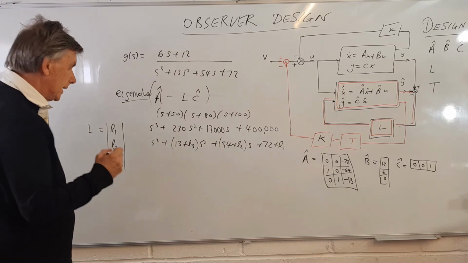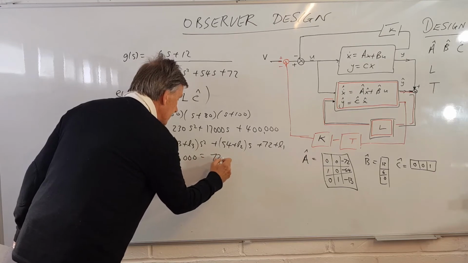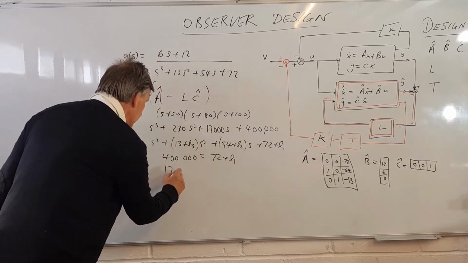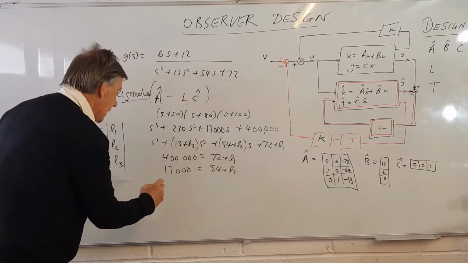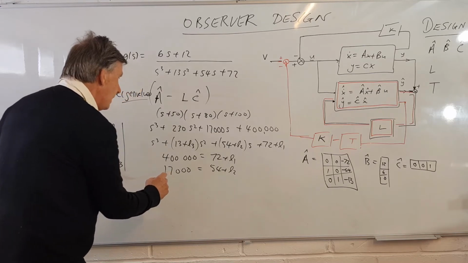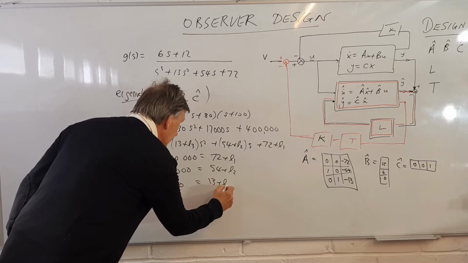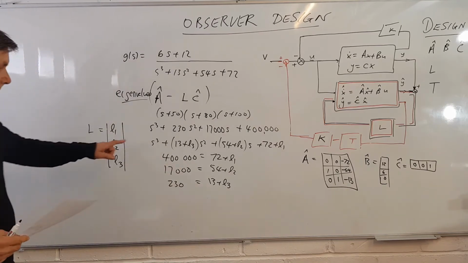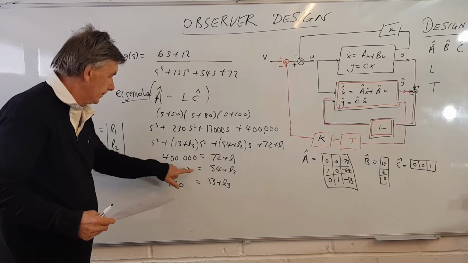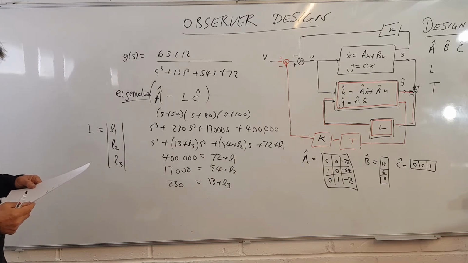So that gives us 3 little design equations now, which is that 400,000 equals 72 plus L1, 17,000 is equal to 54 plus L2, and 230 is equal to 13 plus L3. So these now are quite easy to solve. We just subtract this from that, subtract this from that, and subtract that from that to give us L1, L2 and L3.